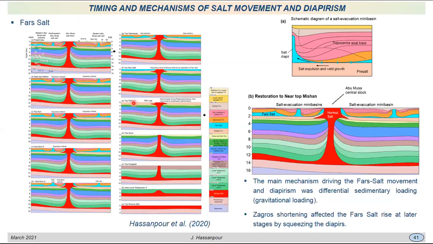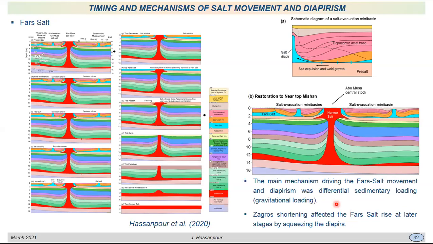So in the case of the Fars Salt, according to the seismic examples and cross-section restoration, as I explained before, and the physical models, the main mechanism that drove the Fars Salt movement was differential sedimentary loading, the gravitational loading, because as we saw in the first physical model, we didn't apply any gravitational load on top of the Fars Salt.